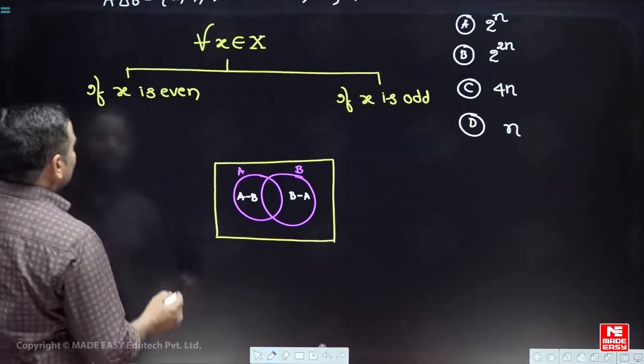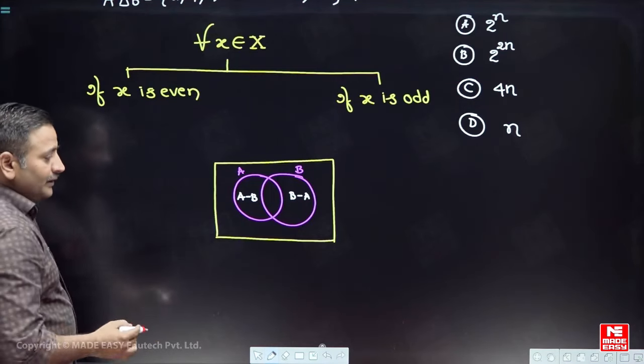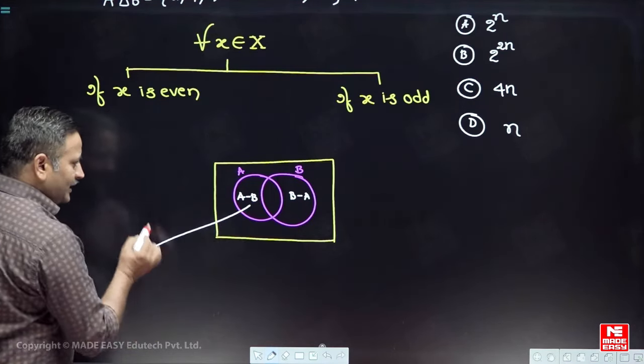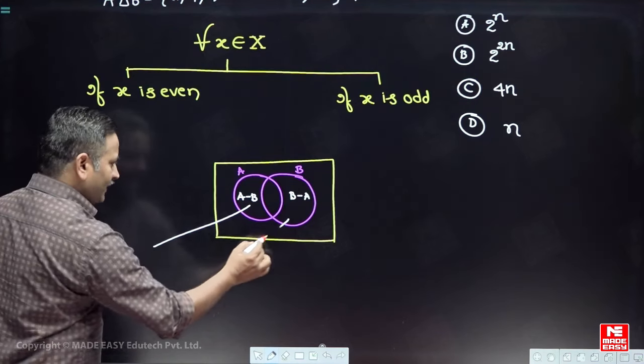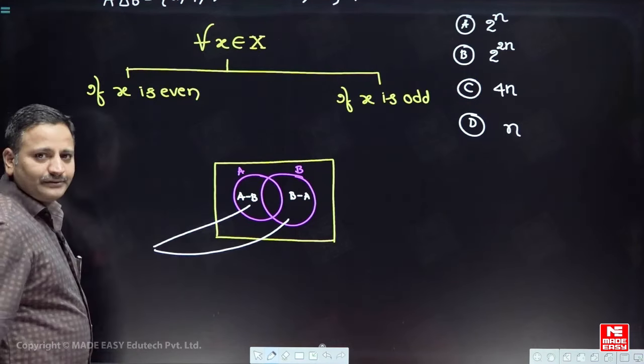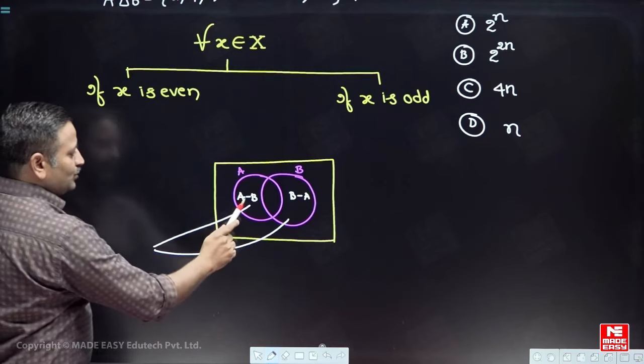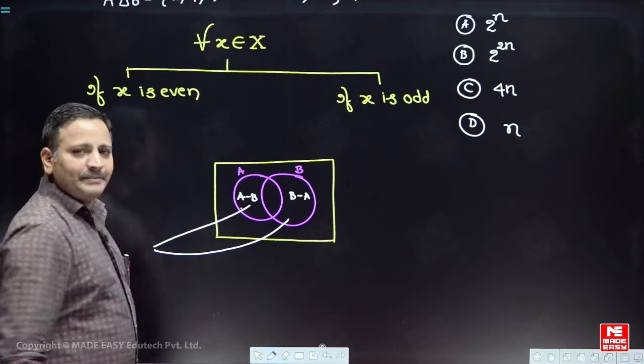So whenever x is an even number, it must fall either in A minus B or in B minus A, friends.